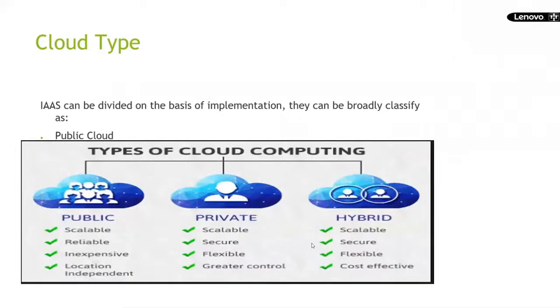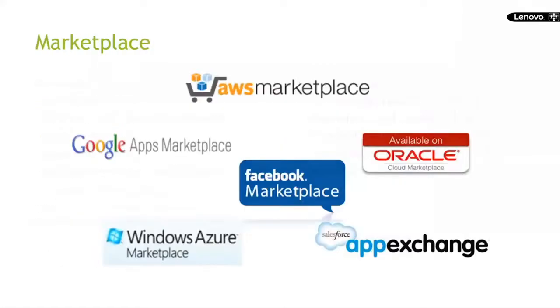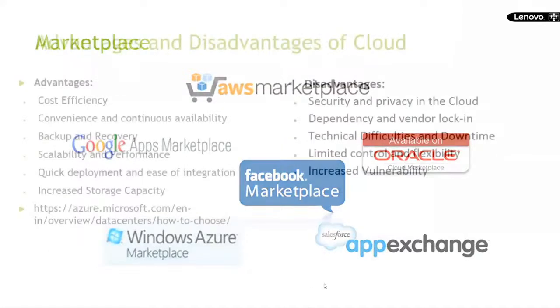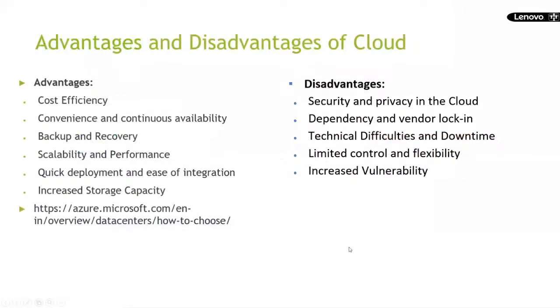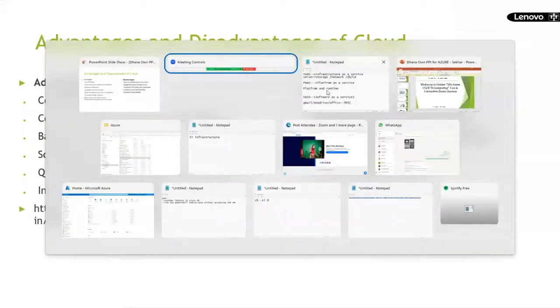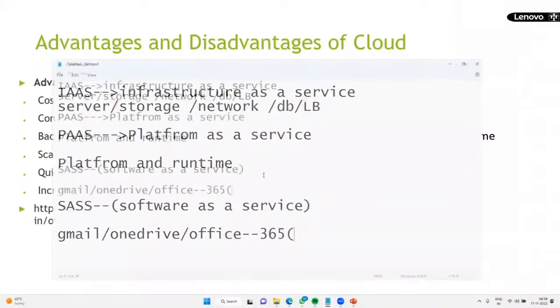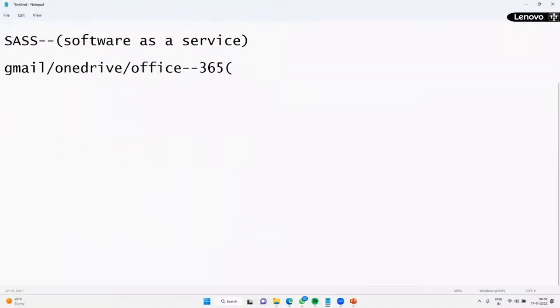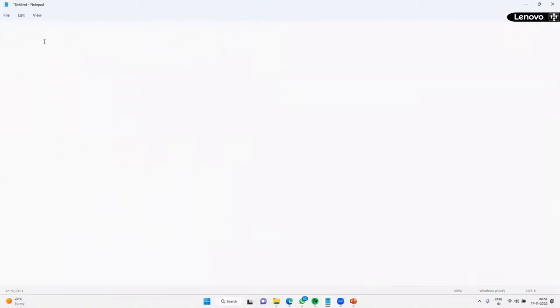As you know, multiple cloud vendors provide cloud computing technology. First is Microsoft Azure. Other one is AWS. Third is Google.